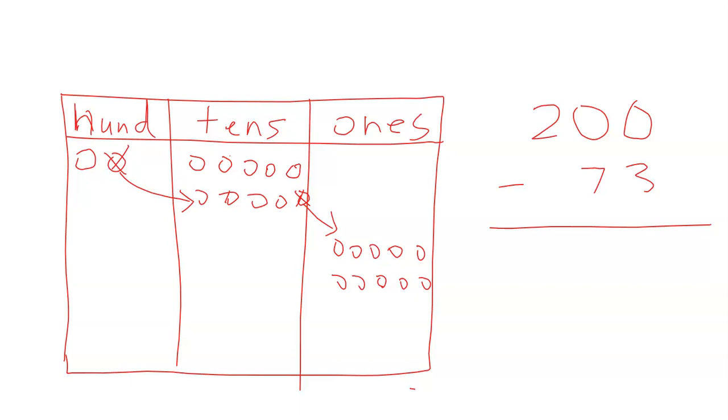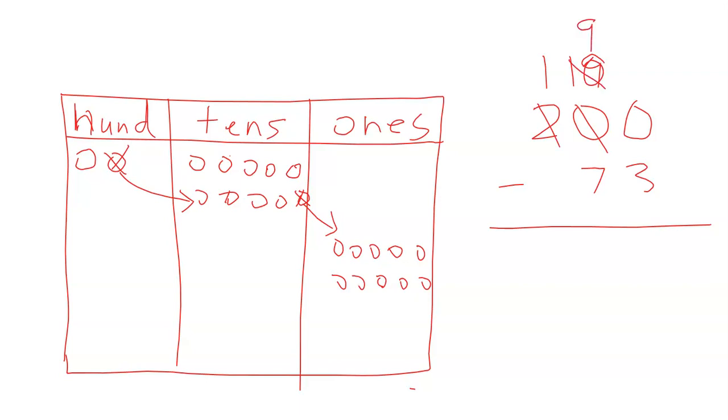So let's look at what we did on our place value chart, and let's put it into our algorithm model. So what I did here, you look at my hundreds. I'm going to cross off 2 hundreds, and I now only have 1, as we can see in our chart. And I had 0 tens. Now I have 9 tens. 1, 2, 3, 4, 5, 6, 7, 8, 9. Okay, so I had 10, and then I unbundled one of those 10 to create 9.